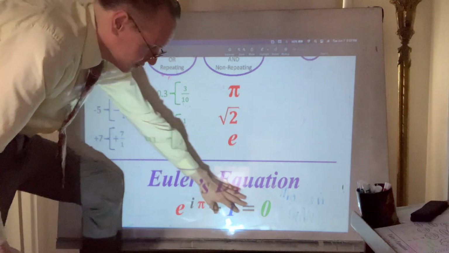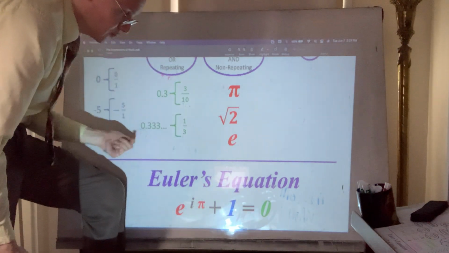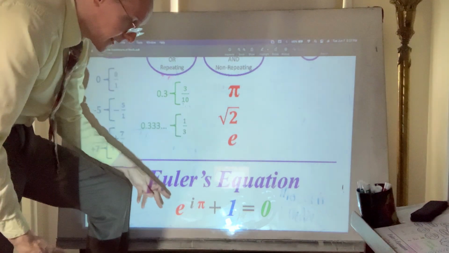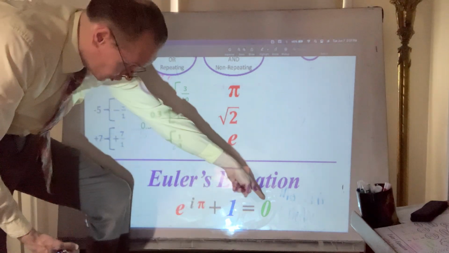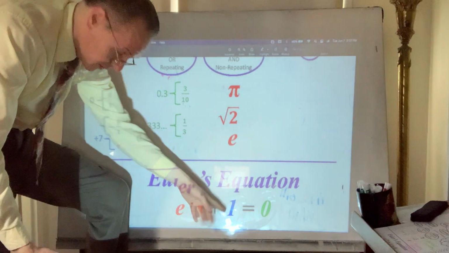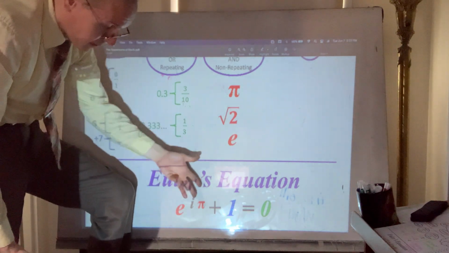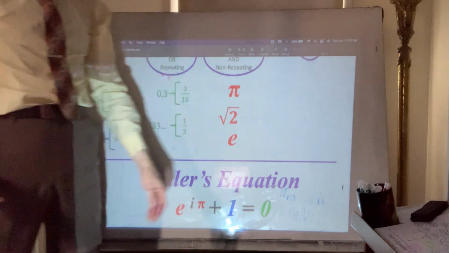Maybe it isn't practical. I'm not aware of a practical usage of Euler's equation, but it's elegant for its simplicity and the fact that it incorporates so many simple things. 0, what could be more basic than that? 1, what could be more basic than that? e, i, and pi. This is what they produce.